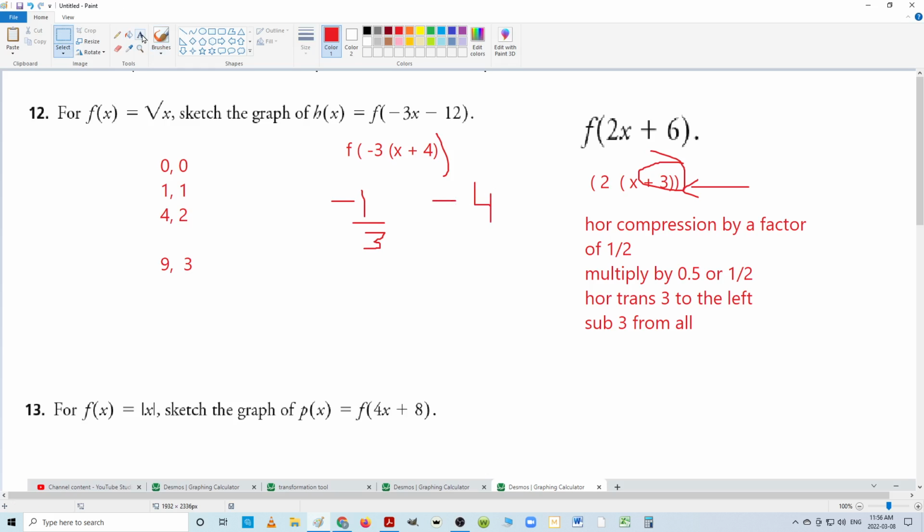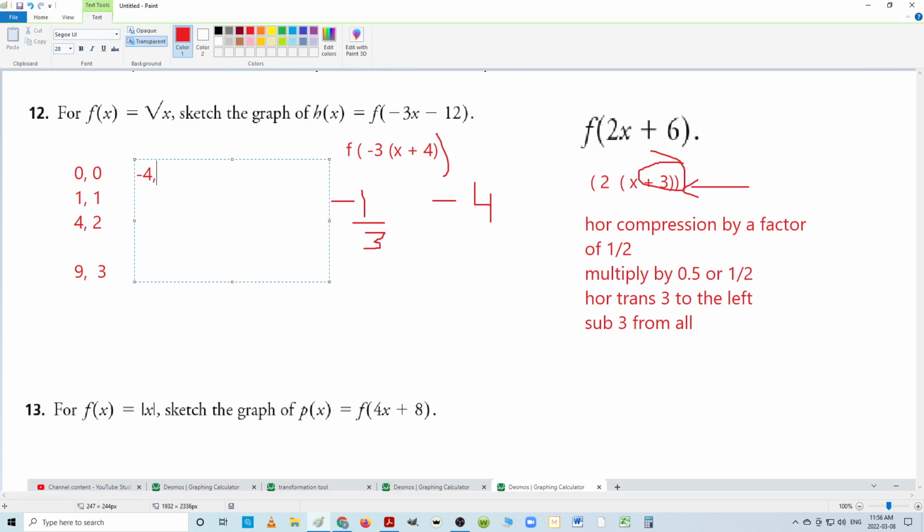So when I do that, multiply first and then subtract. So 0, nothing happens to it, but when I subtract 4, that's what happens to it. And then -3 becomes -1/3, and when I subtract 4 from it, becomes this, essentially.